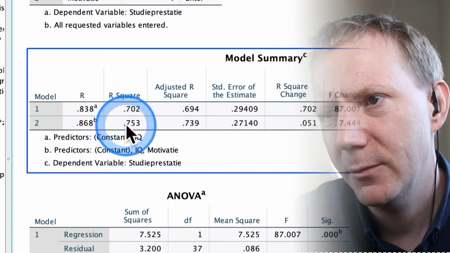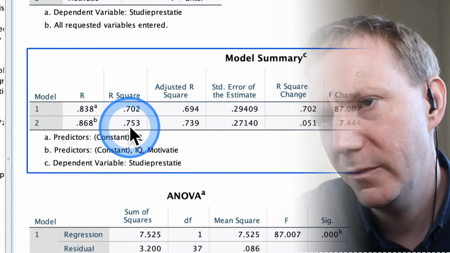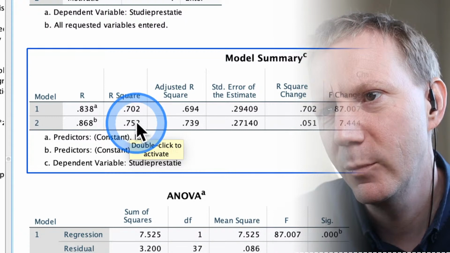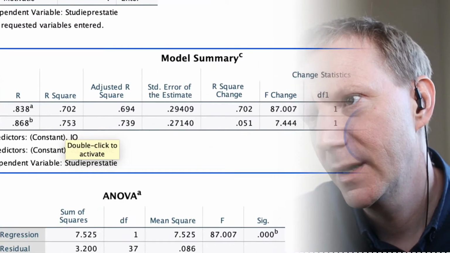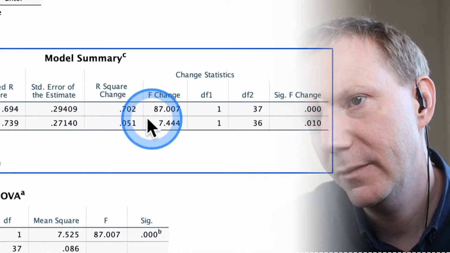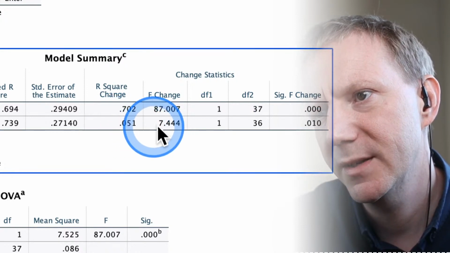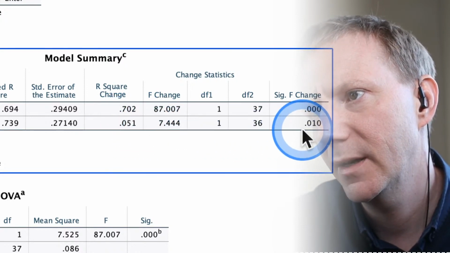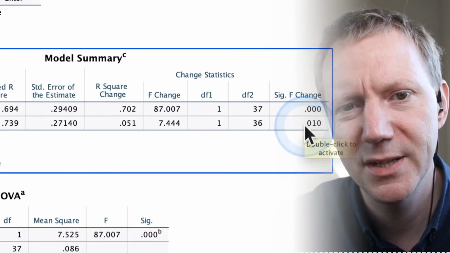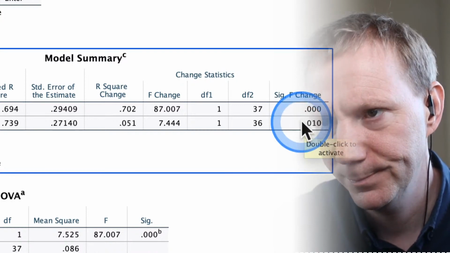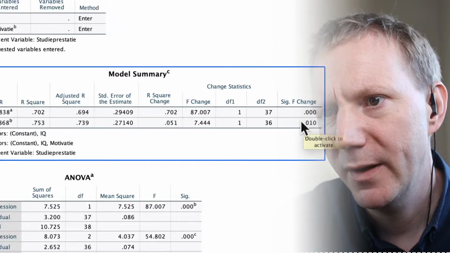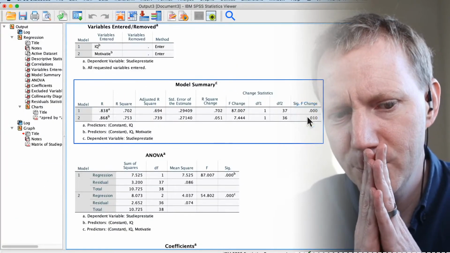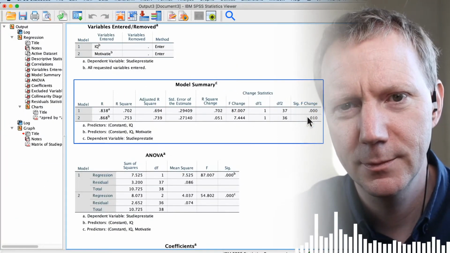And that raises the question, is that 5-ish% that we have more, is that significant? We find that difference here, that 5%, and this is tested with an F-test. And we conclude based on this result. So that's where we find this. Does that answer your question? Yes, that's super clear. Thank you.